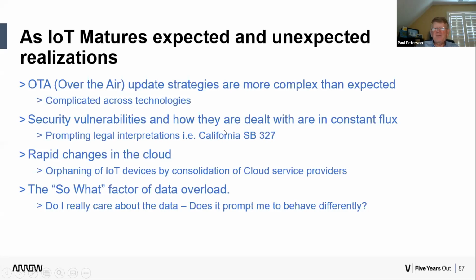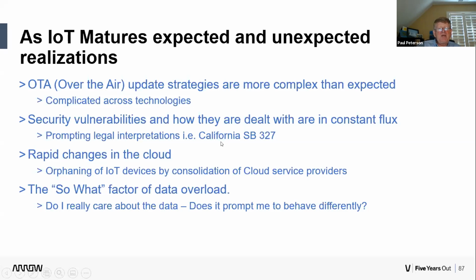Another area that's interesting is security vulnerabilities. IoT is not immune to being hacked, being taken over by hackers, things of that sort. And we even see whole government entities like California passing State Bill 327, which is basically a first pass attempt at regulating security in IoT.